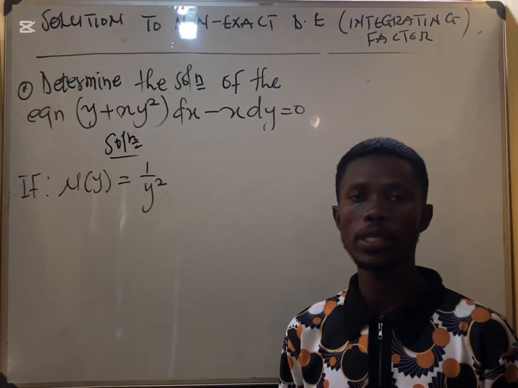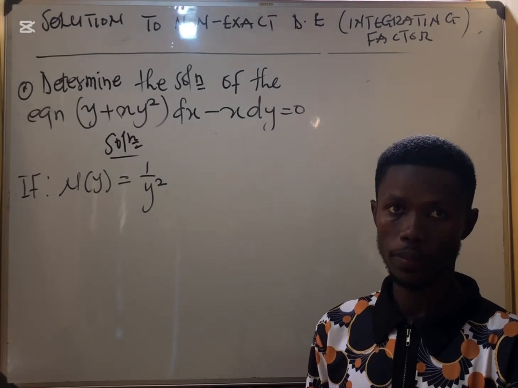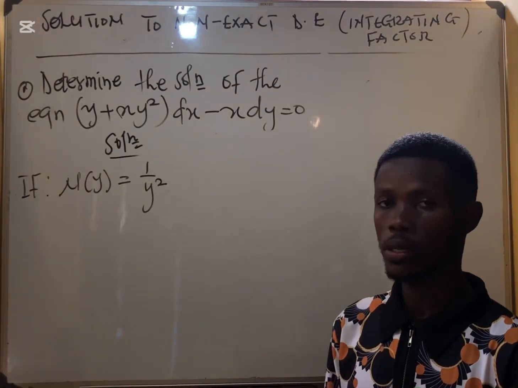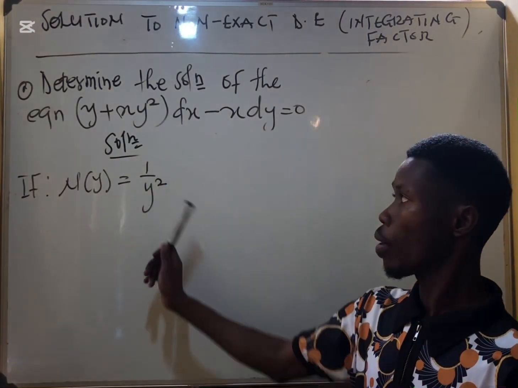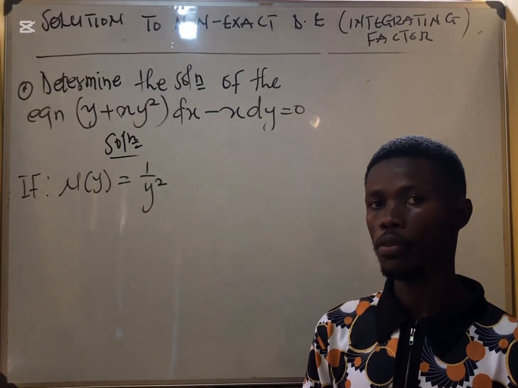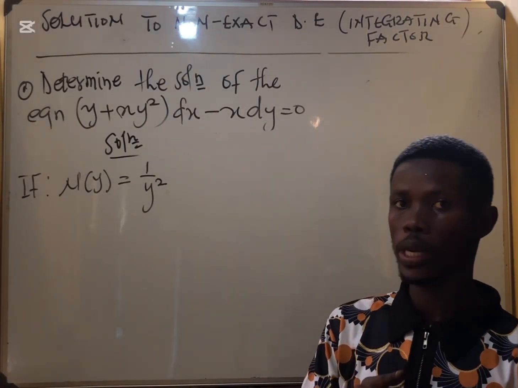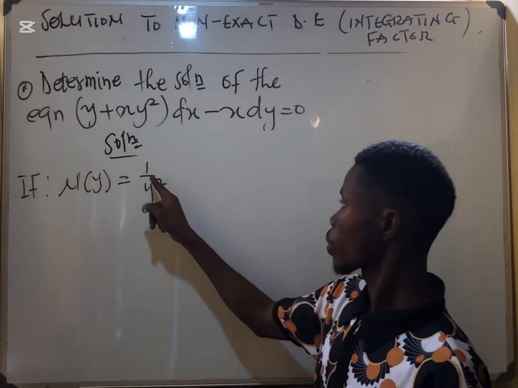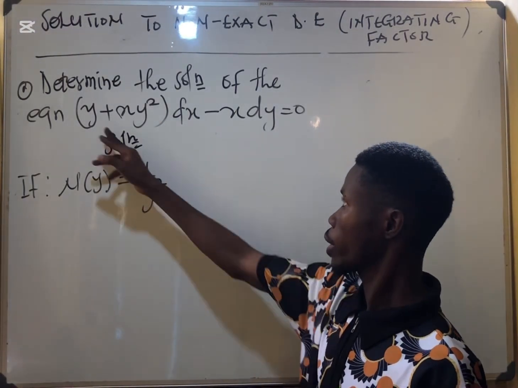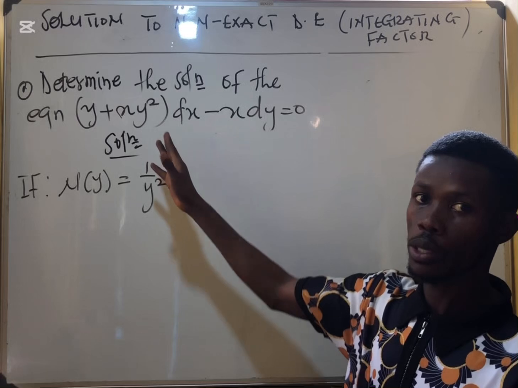Okay, so at this point, our integrating factor is 1 over y squared, right? And if you remember, when I started with the previous video, I told you that after getting the integrating factor, you just multiply through so that we can reduce this one to exact.